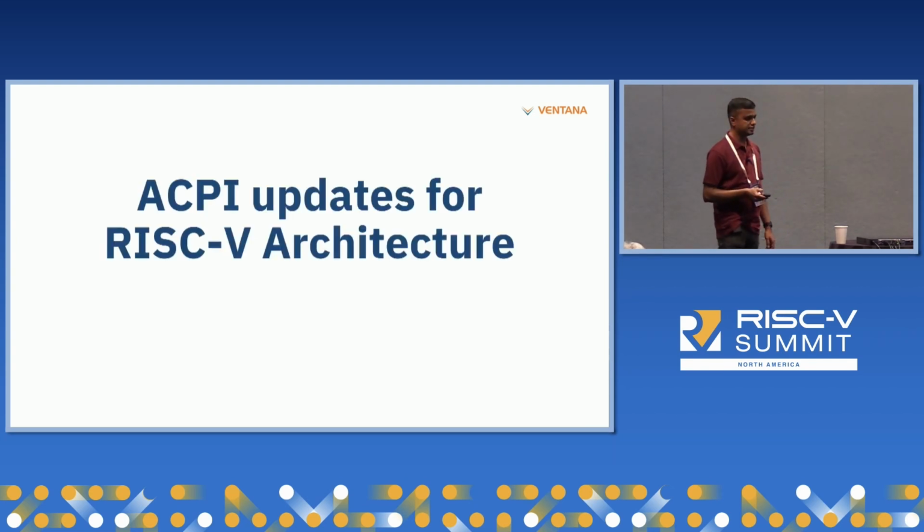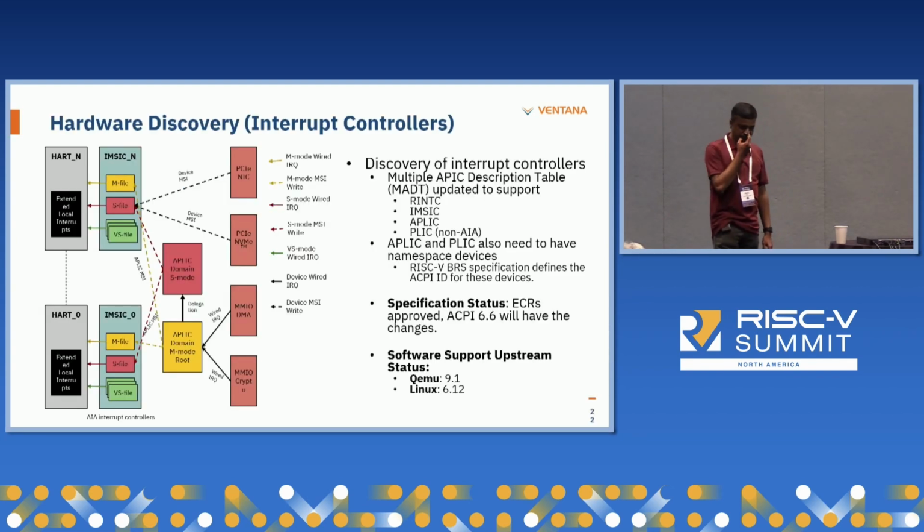OK, so let's get into what are the different updates we had to do in the ACPI spec. The first key thing is the interrupt controllers. Every architecture has different interrupt controller structures in the ACPI specification, which is discovered by the operating system.